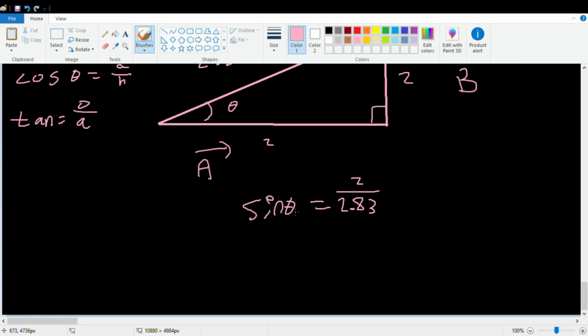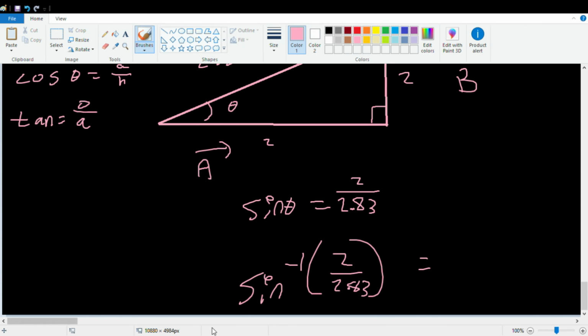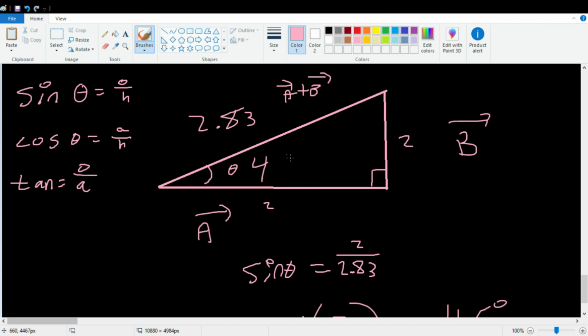We're looking for theta, not sine theta, so we have to rearrange for theta. The way we do this is not by dividing by sine. We do sine inverse of our little ratio here, which is going to be equal to about 45 degrees. How awesome.